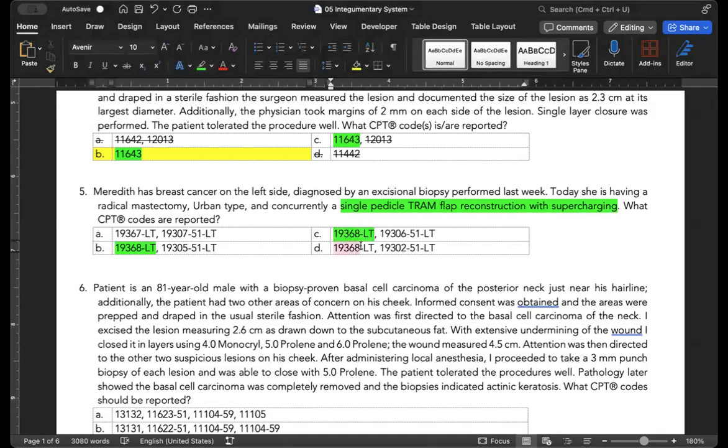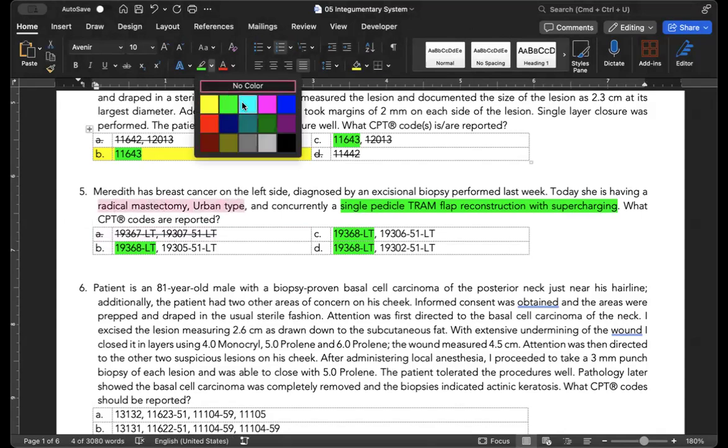Okay. So then let's go look at, these are all going to be right there together, right? 19302, 19305, and 19306. So 19302 is a partial mastectomy, but we did radical, right?